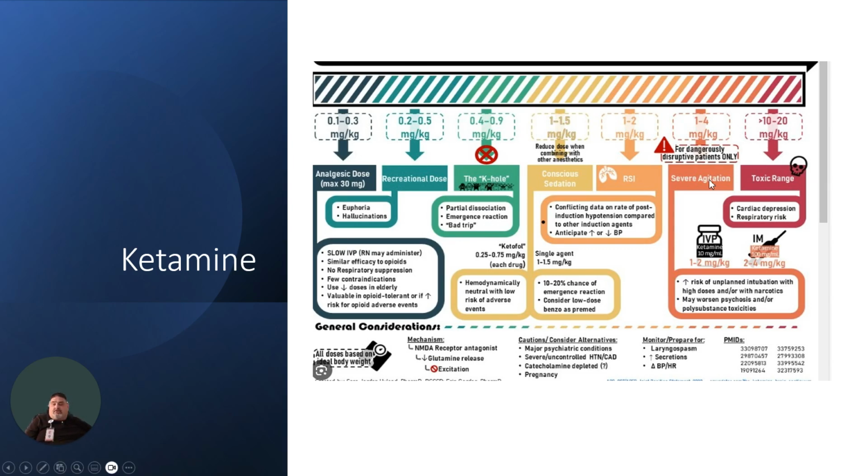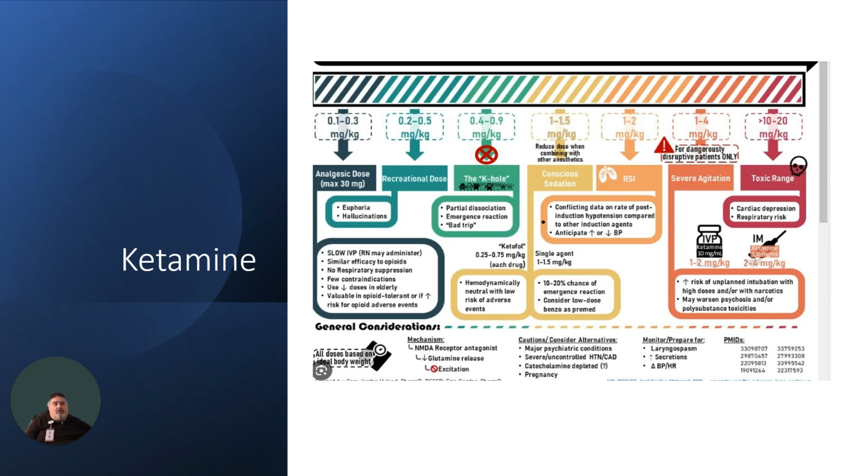Severe agitation, excited delirium, you're looking at 1 to 4 milligrams per kilogram with a maximum dosage of 300 milligrams. When you're giving it this high, you do get into a situation of unplanned intubation because of airway issues. In some patients, you can get kind of the opposite effect and worsen the psychosis.